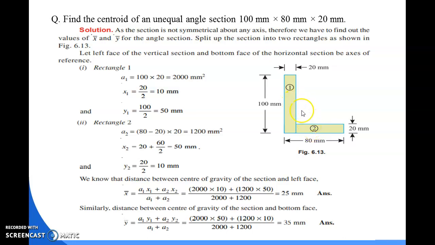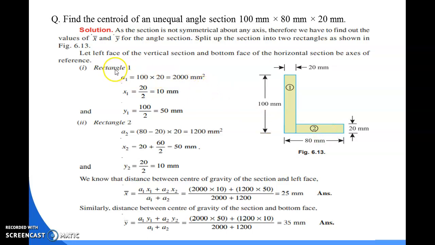As we can see, there are two parts. This one is section 1 and this one is section 2. As per the procedure, we have to calculate the area and the center of gravity of each section.